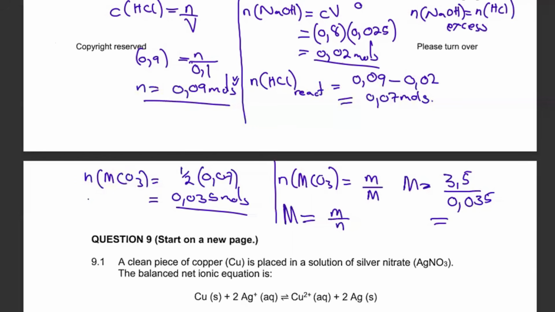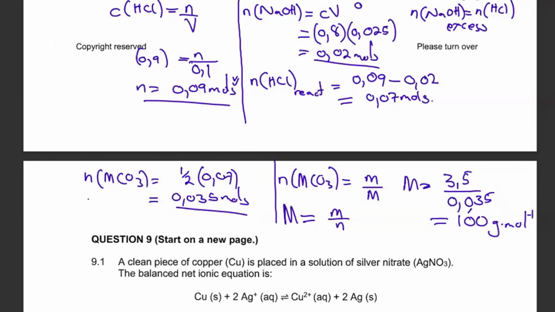If we divide 3.5 by 0.035, we're going to get 100. So there we get 100. This is 100 grams per mole. This is what we're having.